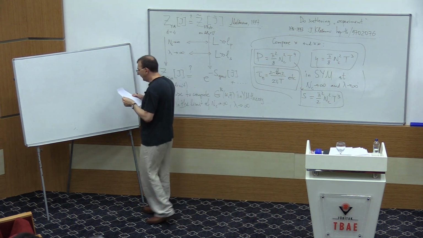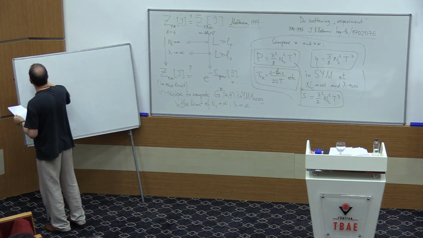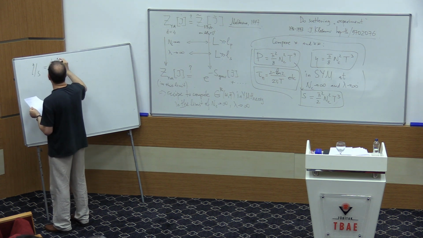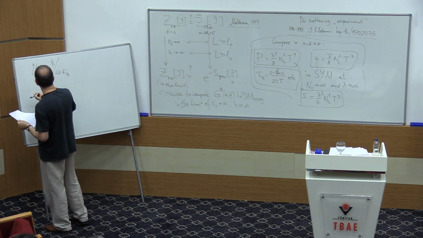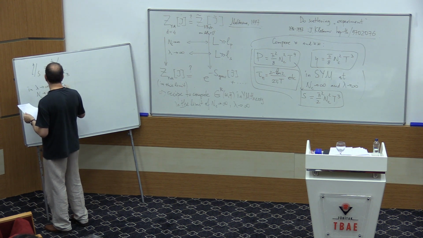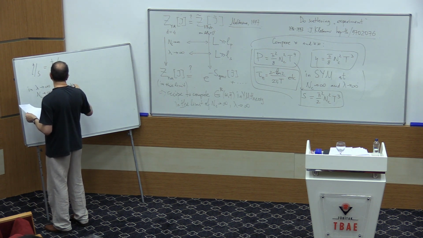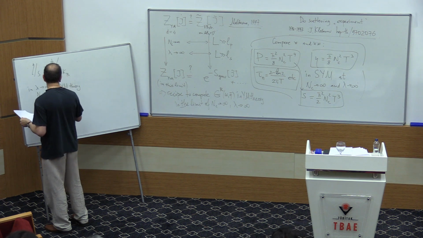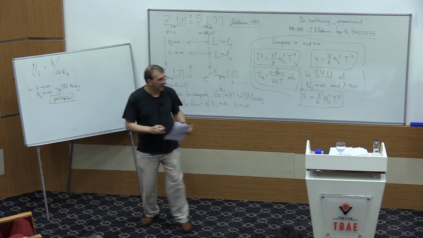So it's natural to divide one by the other, and you get the ratio of shear viscosity to entropy density equal to, if you restore the fundamental units, this expression. Again, in the limit of lambda going to infinity and N_c going to infinity in this particular Yang-Mills theory.